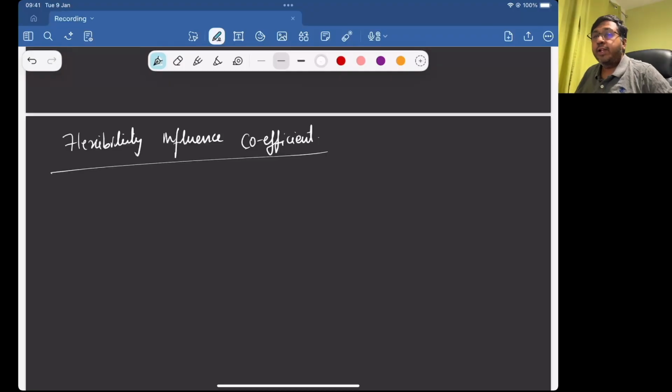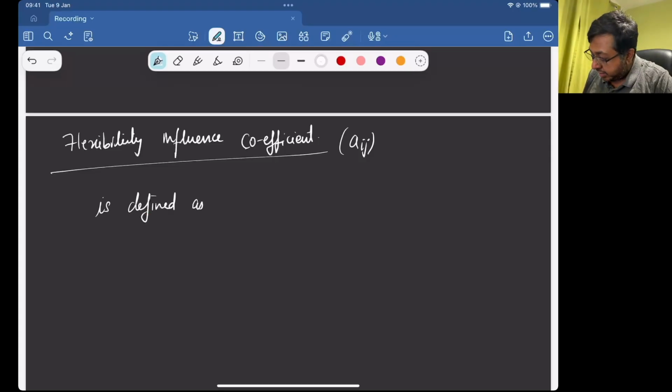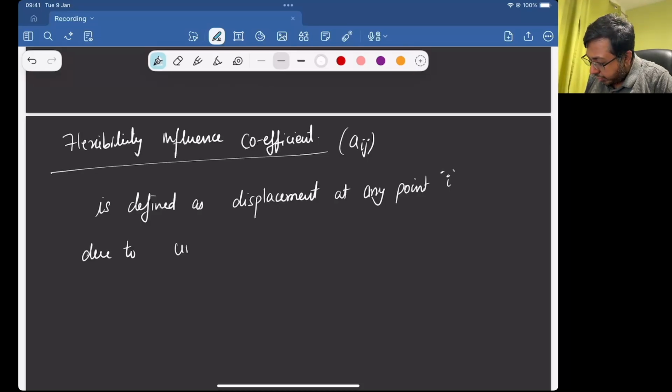The flexibility influence coefficient, known as Aij, let's again write the definition, is defined as the displacement at any point i due to a unit force at any point j, with all other points fixed.